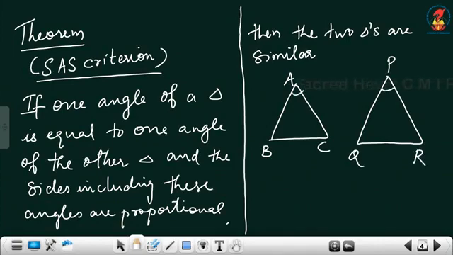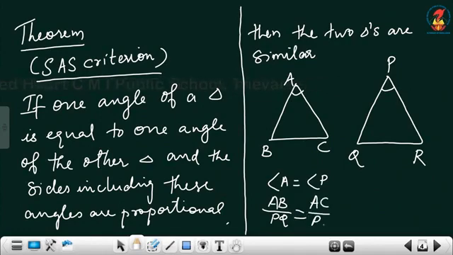Let angle A be equal to angle P. Then we need one more condition, that is AB by PQ is equal to AC by PR. That means both the angles should be included angles. So angle A is equal to angle P and AB by PQ is equal to AC by PR. Then we can say these two triangles are similar using SAS criterion.